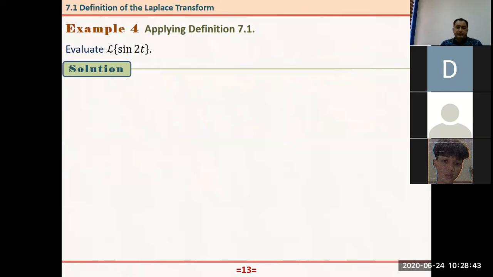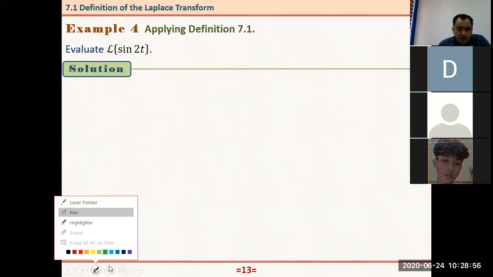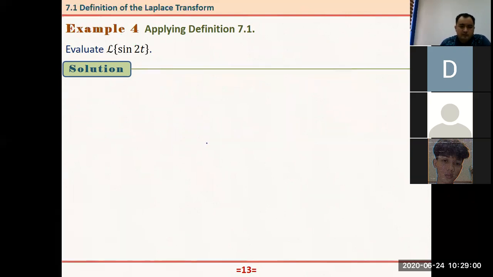All right, another example. Okay, we need to find here this f of t, right? That's equal to sine of 2t.